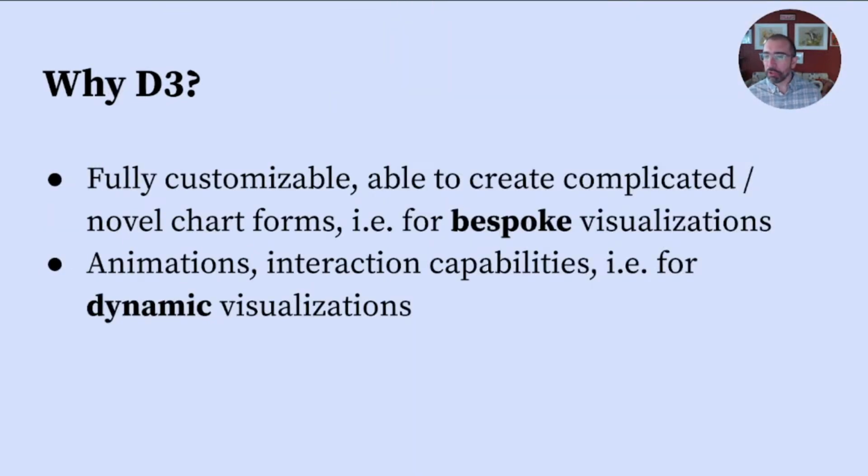So why would you use D3? That sounds like a lot of work, right? To make a pretty simple chart form. Well, with that complexity, we get a lot back in return. So what we can do with D3 is build fully customizable novel chart forms or bespoke visualizations.